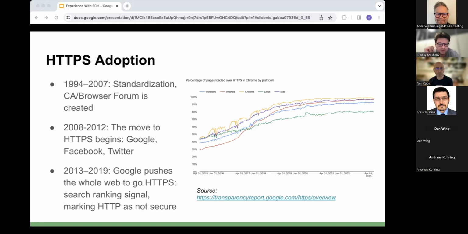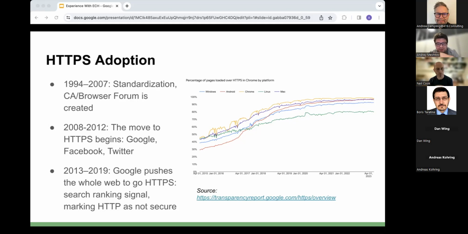Then from 2008 to 2012, approximately, the move to HTTPS begins, with Google taking the lead and Twitter and Facebook following. It starts with Gmail, then search for logged-in users, then search for anonymous users, and so on. Once Google mostly moved to HTTPS, it started pushing the whole web to go there.